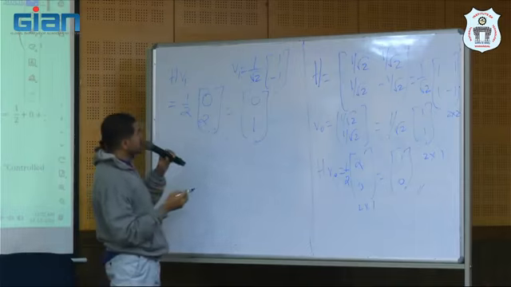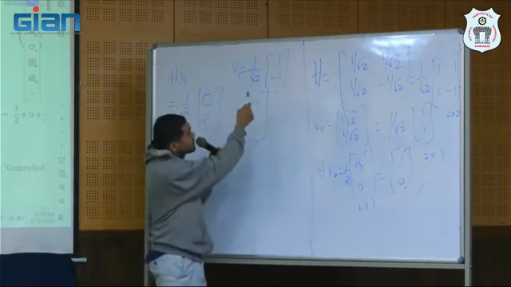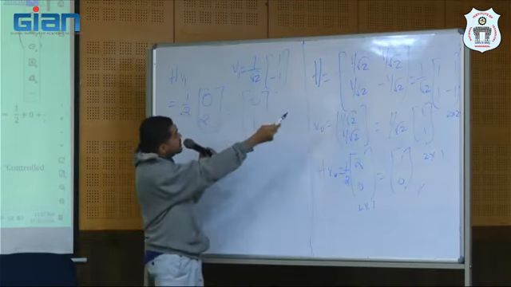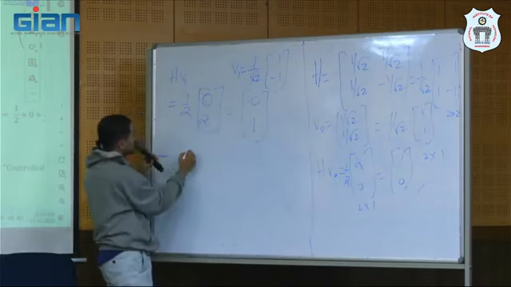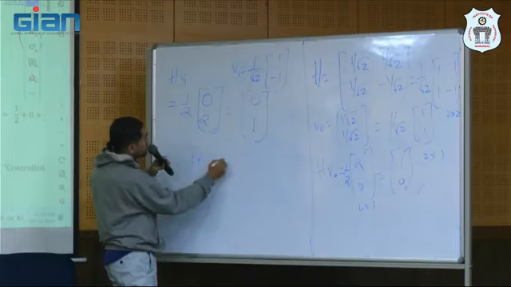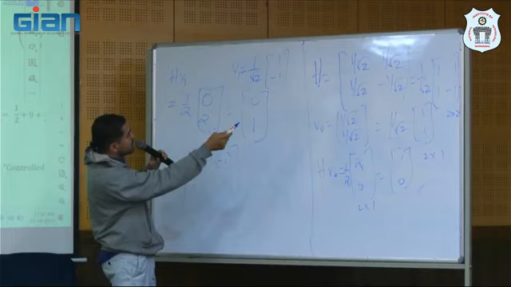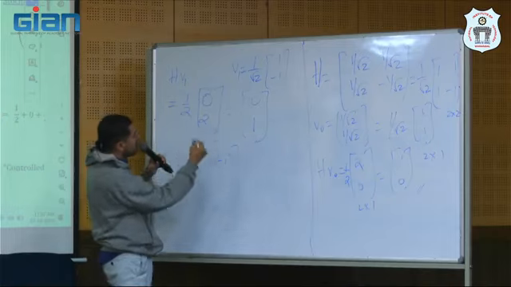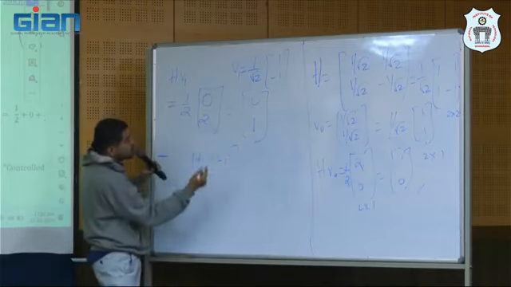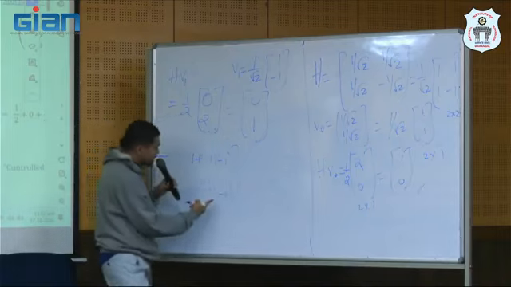Here we will have 1 into 1 plus 1 into minus 1. So first element will be 0. And next we have 1 into 1 plus minus 1 into minus 1. So this will be plus 1 again.